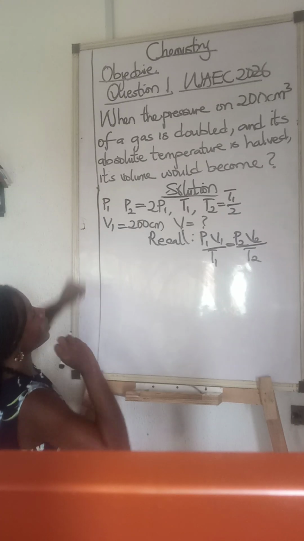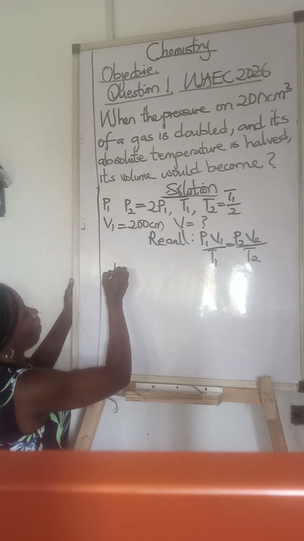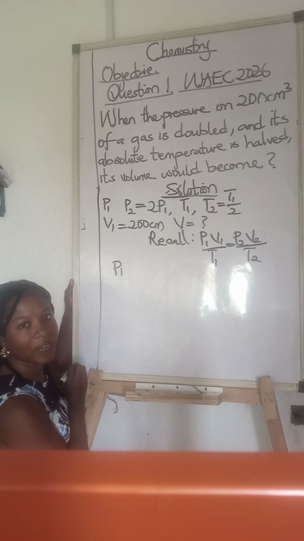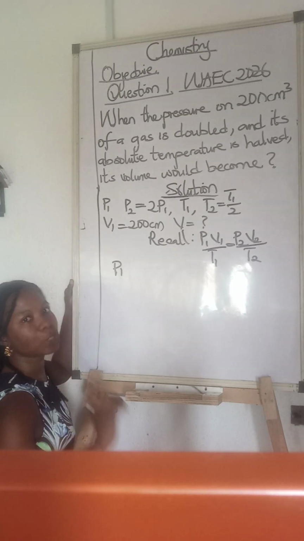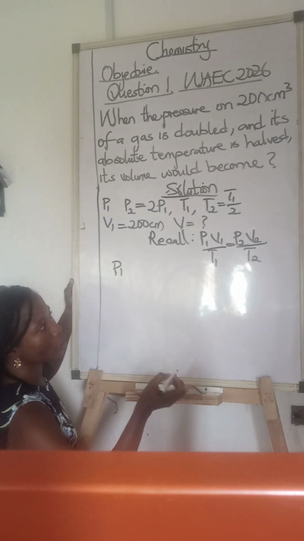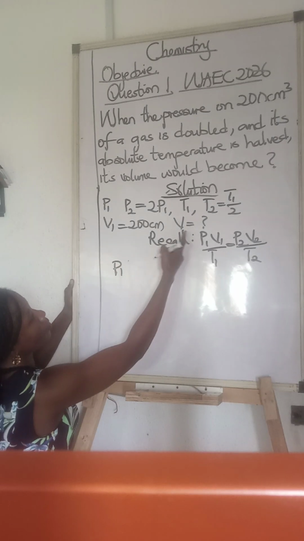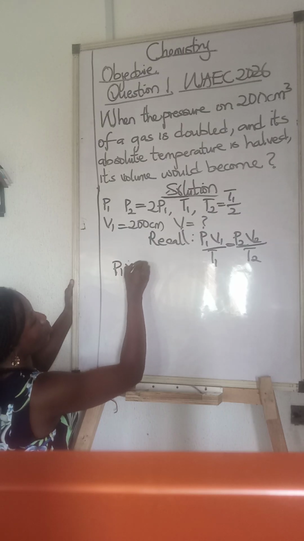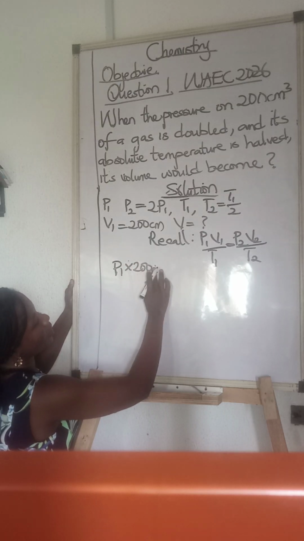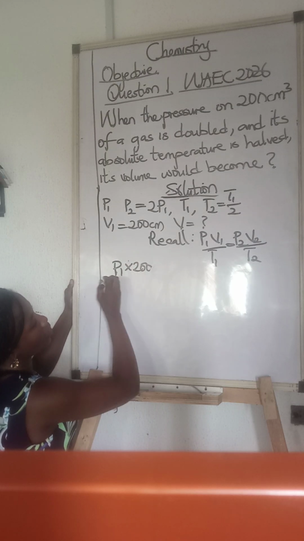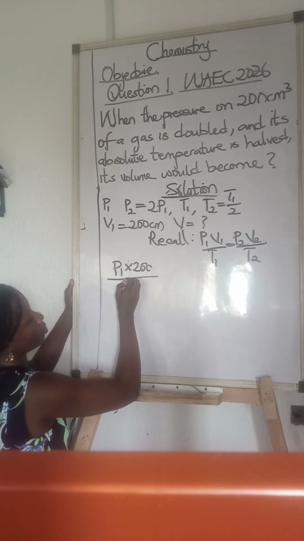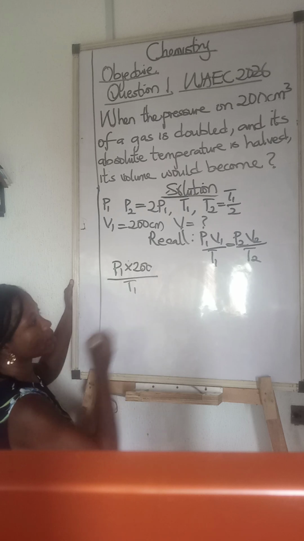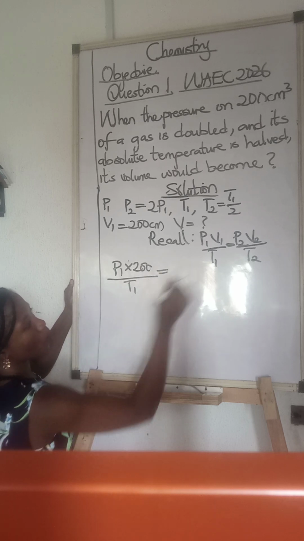We have P1. No value was given. Remember, the question didn't give us a value. They just compared P1 to P2. We have V1 to be 200. Let's remove the units, over T1. No value was attached, so equals P2.